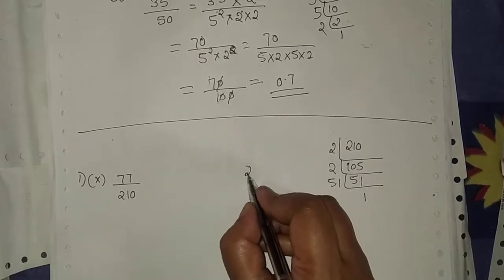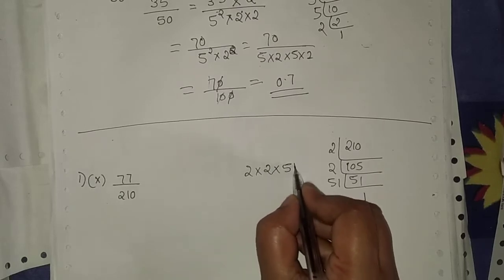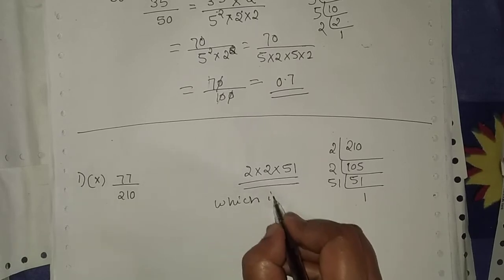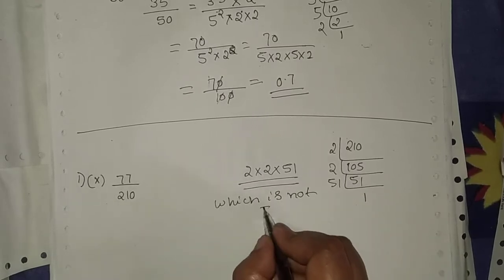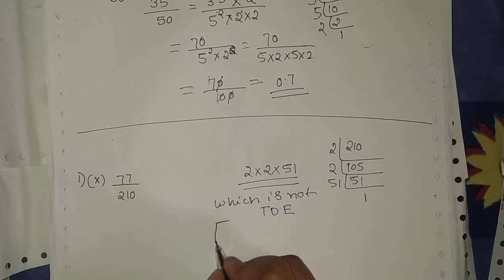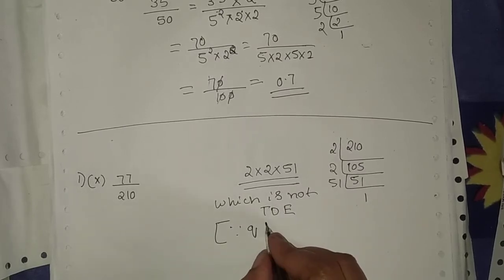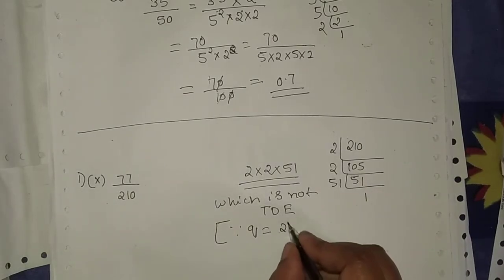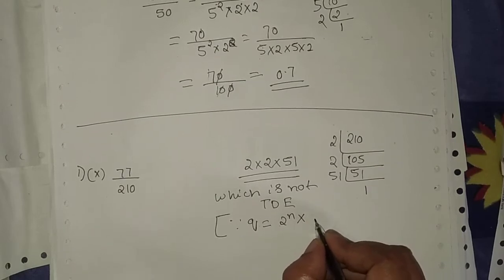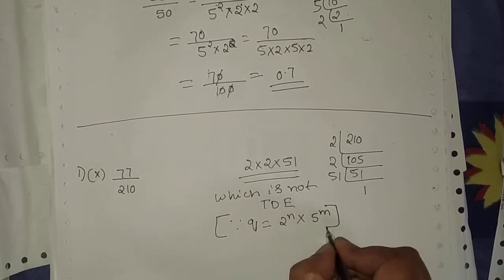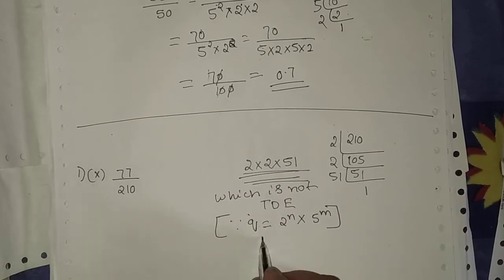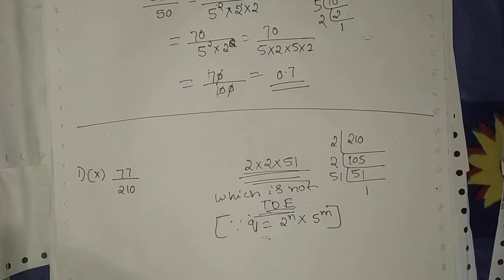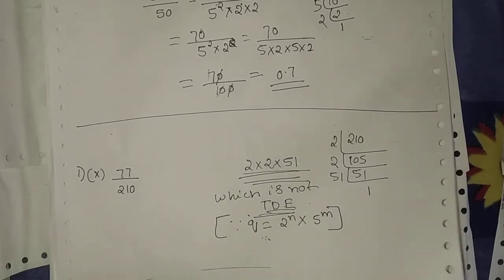So here we have 2 into 2 into 51, which is not TDE, because this is not in the form q equal to 2 power n into 5 power m. So we have to stop this one, and the second problem for this is not necessary since it is not a TDE. So this completes all the 10 problems.